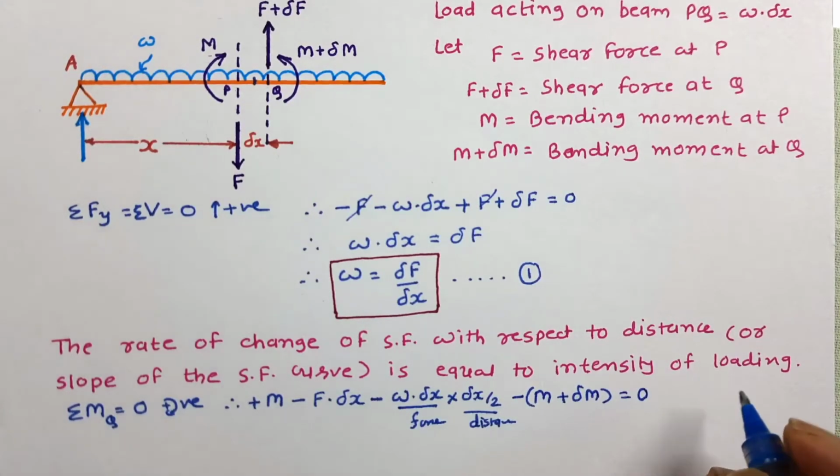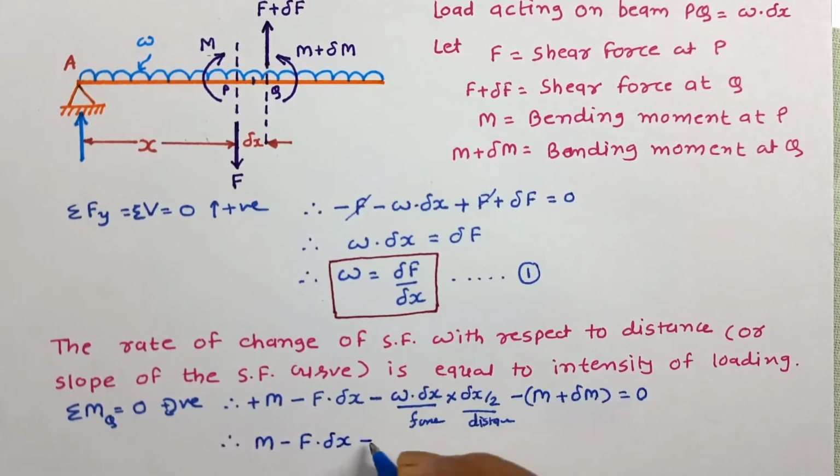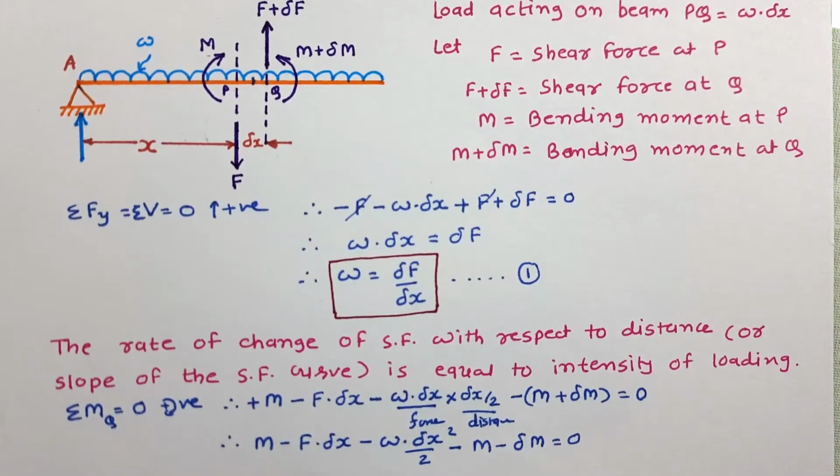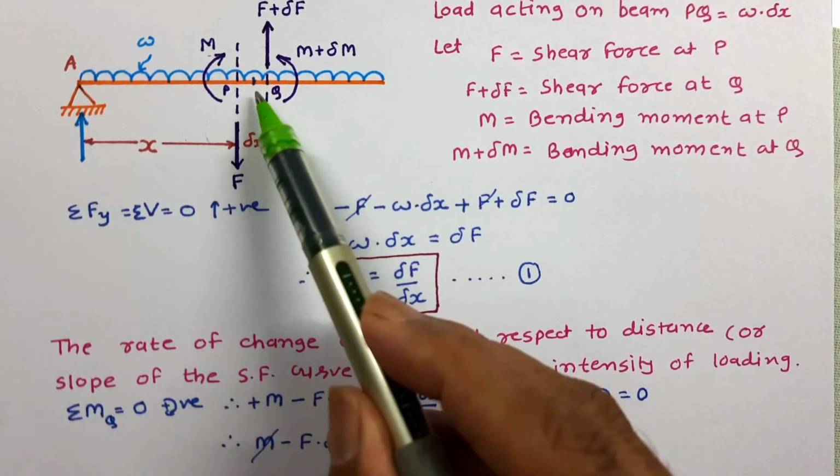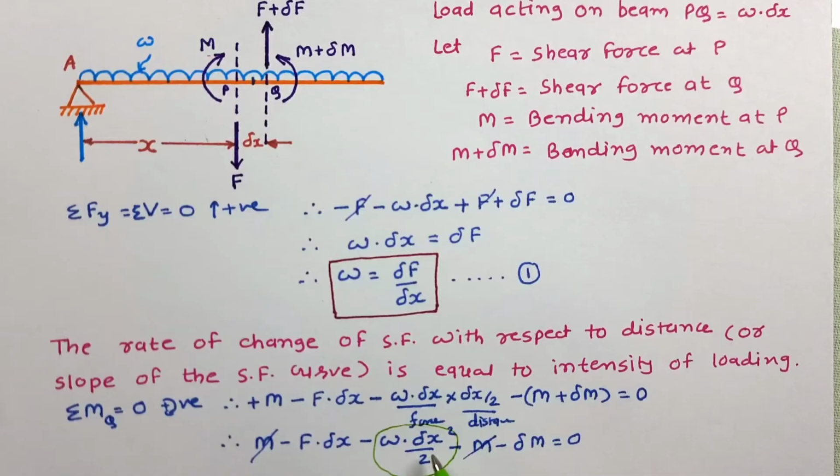So now let us simplify it. Here M and M cancel out. In this term we have del x square. Del x itself is a very small distance, and del x square divided by 2 will be a very small term, so we can neglect it.